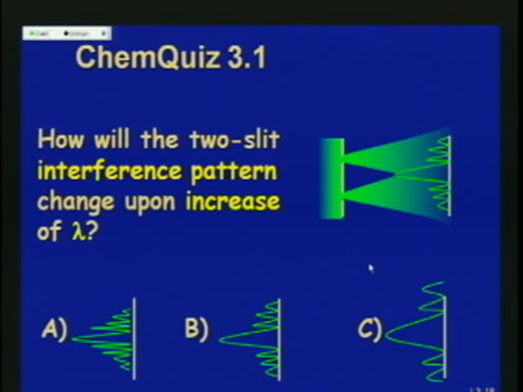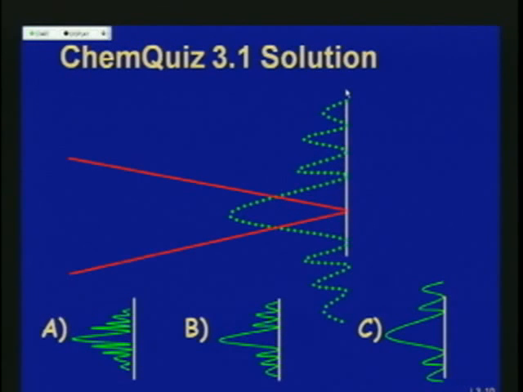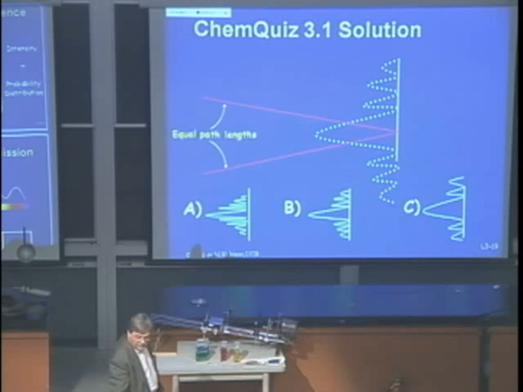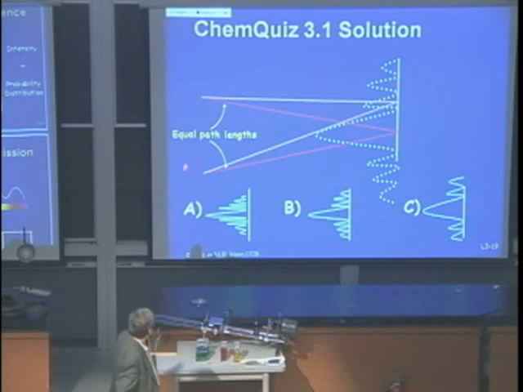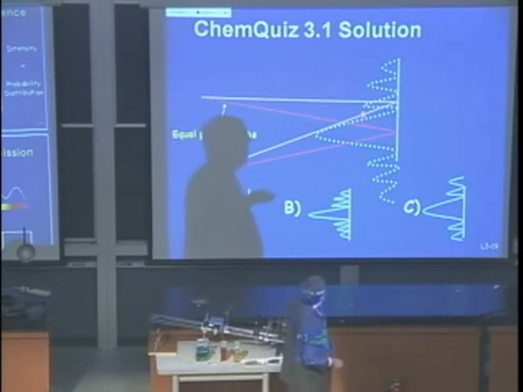Okay, that's exactly the right answer. Sure, it has to travel further if the wavelength is longer, then you get the pattern stretched out. That's why I explained it in such detail to you before, that you get this right. So let's go to the solution here. You see, this is not a big deal. So this will always be the same because the distance is the same, equal path lengths. But here, now you have to have two ups to get this to the next point.